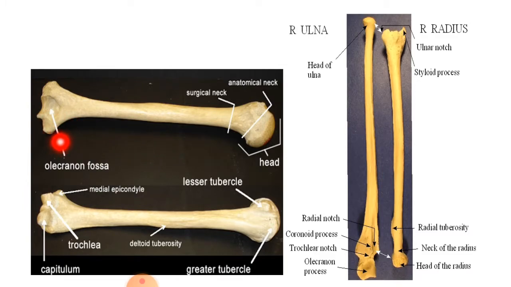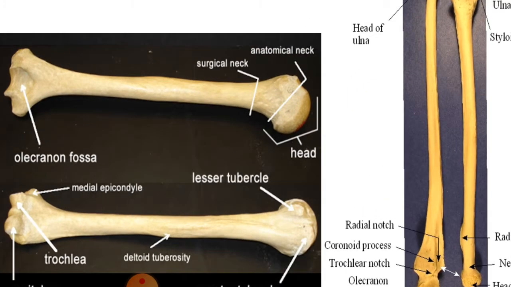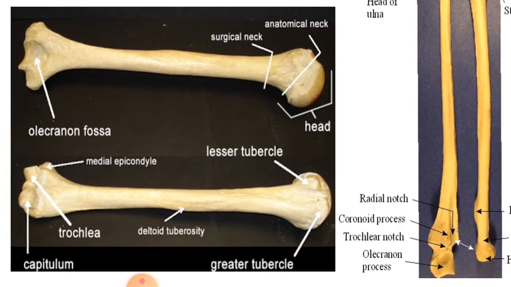At its distal end you can appreciate various parts. This is the olecranon fossa, which accommodates the olecranon process of the ulna and takes part in the formation of the elbow joint.